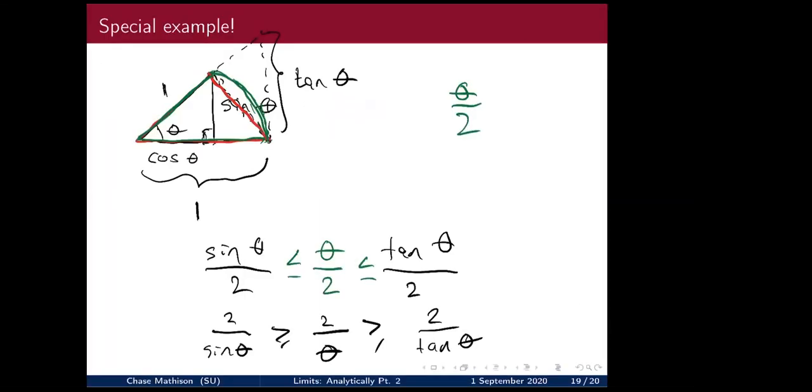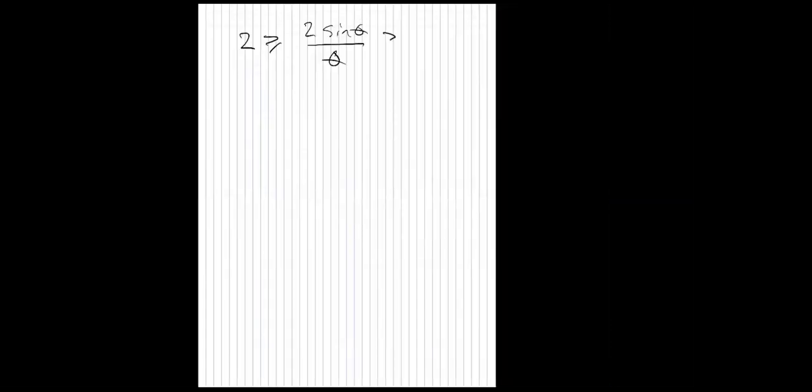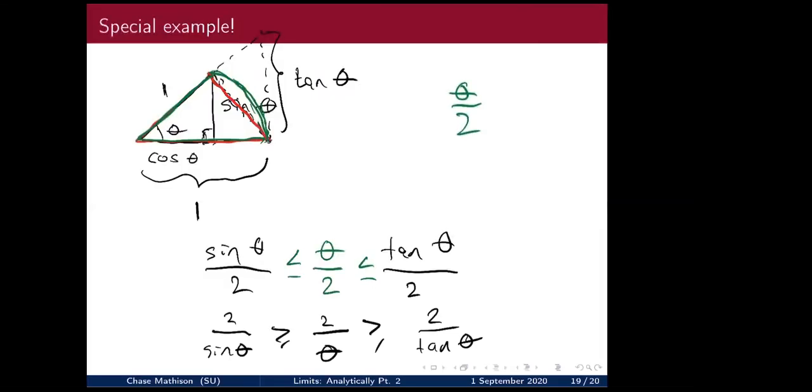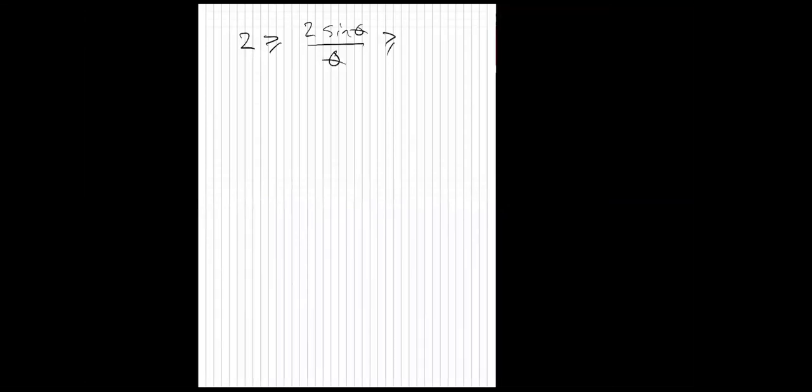That's greater than or equal to 2 sine theta over theta. And then lastly, this is greater than or equal to 2 times sine of theta over tangent of theta.